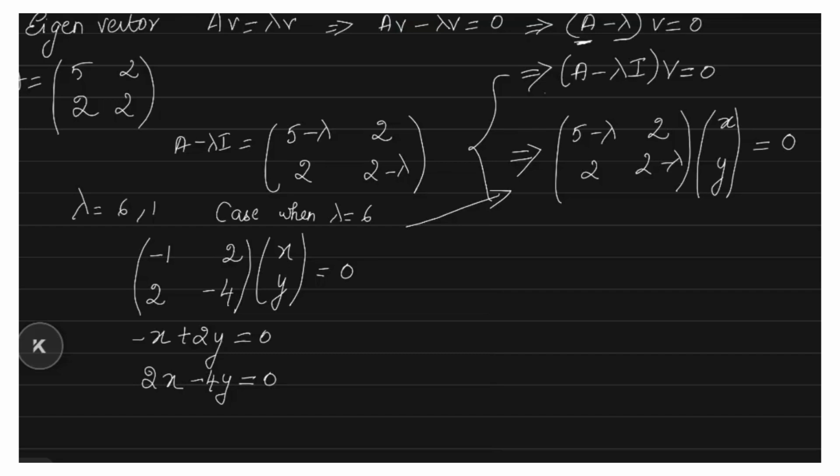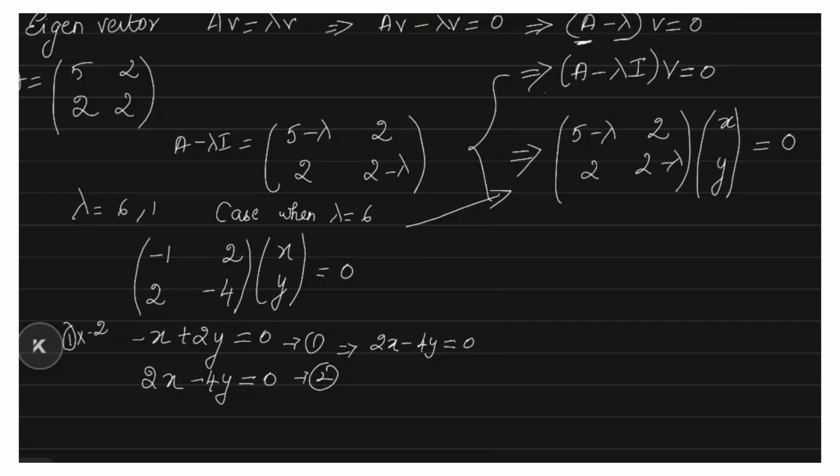When you observe both equations, when you multiply the first equation by minus 2, you'll get 2x minus 4y is equal to 0. So equation 1 and 2 become the same. When you have the same equation, you cannot solve and get different x and different y; one depends upon the other.